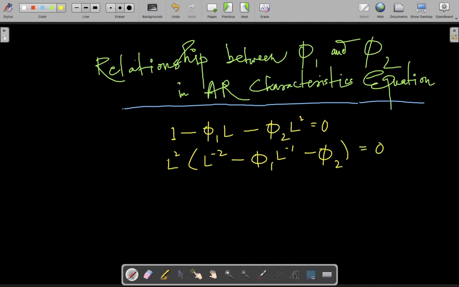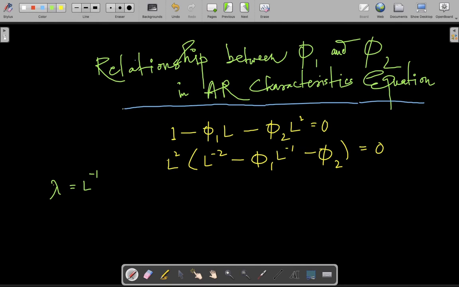Now I'll use a different variable that will represent my L inverse. Let's write lambda. Lambda is equal to L inverse. Remember in the previous case, we wrote x equal to L, so we replaced L with x. But here we are replacing L inverse with lambda.